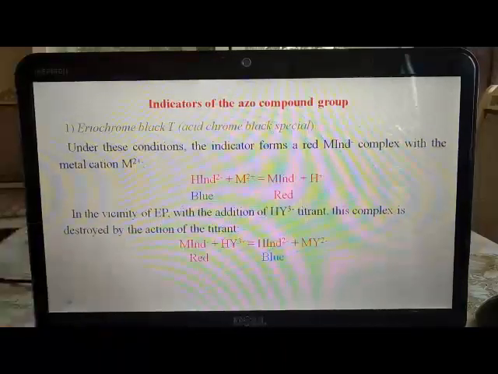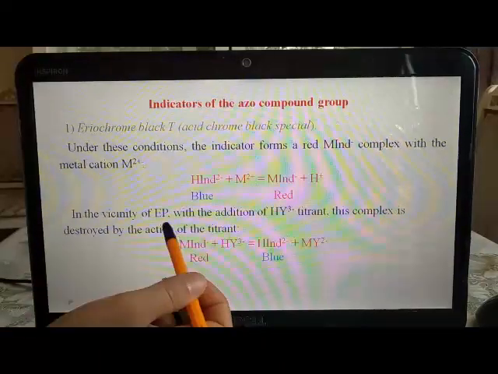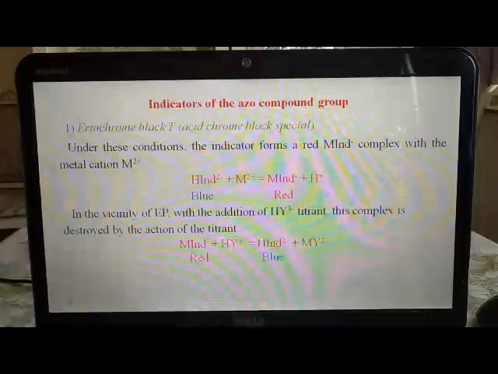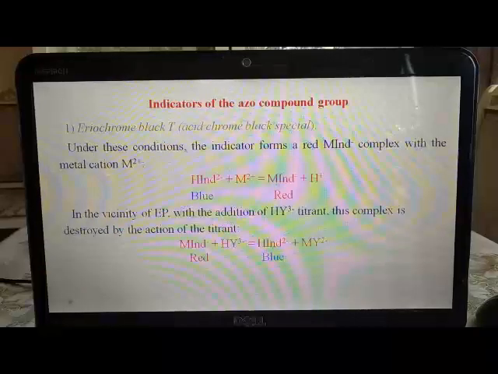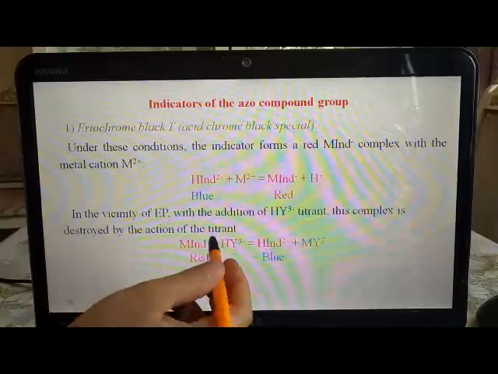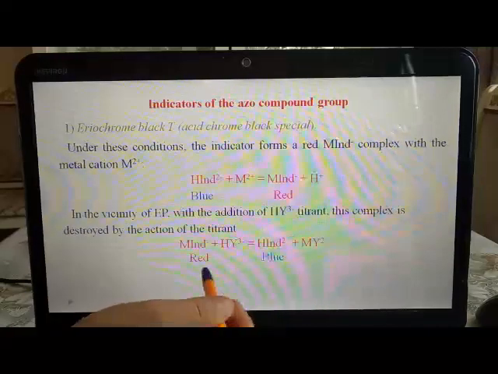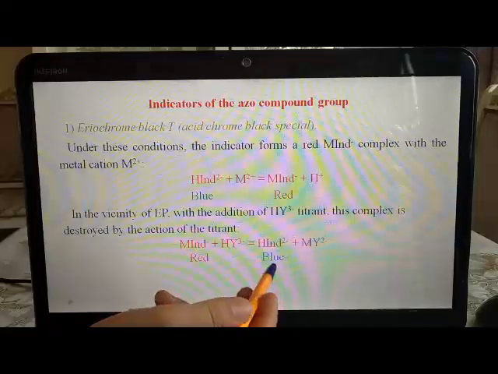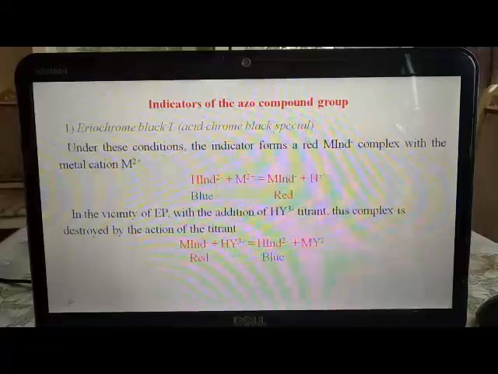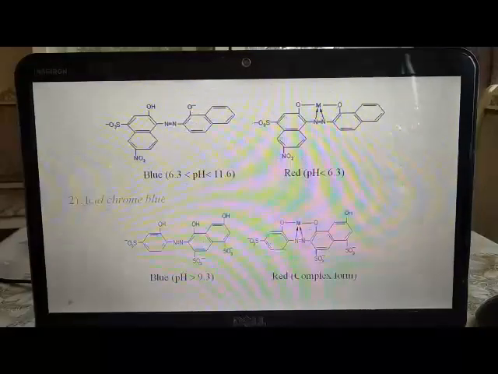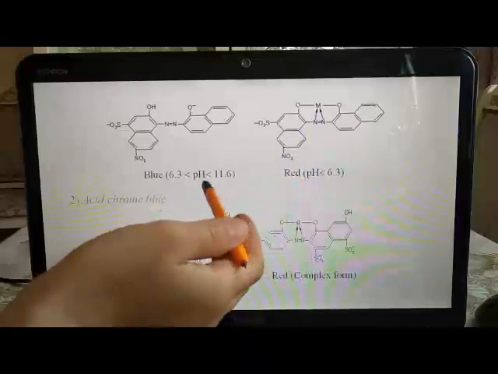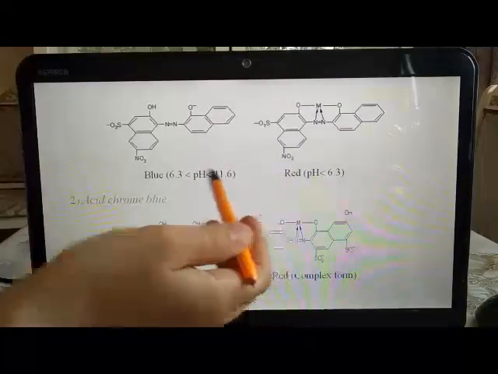In the vicinity of the equivalence point, with the addition of titrant, this complex is destroyed by the action of the titrant. The metal complex with the titrant is formed, and the solution turns blue. The form of the indicator before the reaction is blue, after it is red, and the pH is different, as you see.